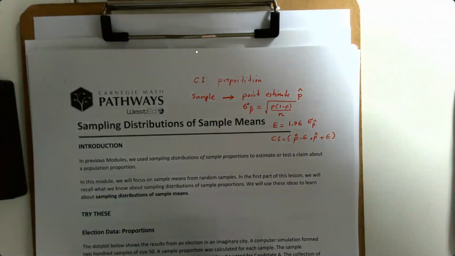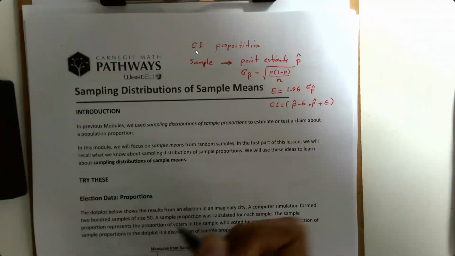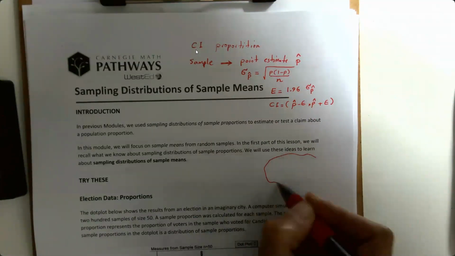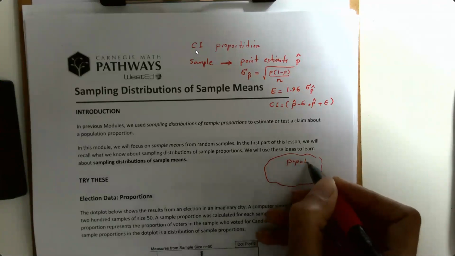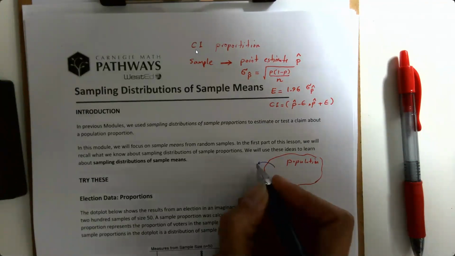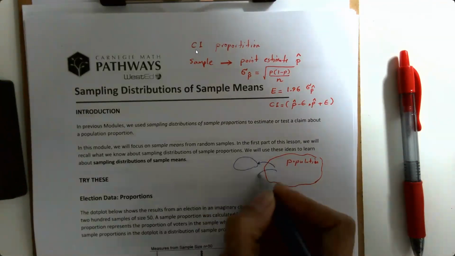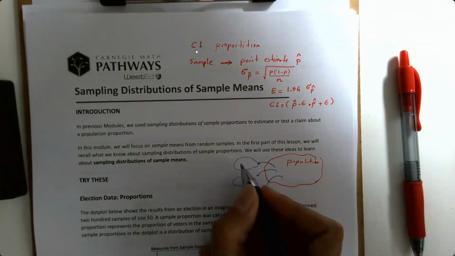So again, sometimes we have populations that are not normal. So what are we going to do? We're going to take multiple samples from that population: sample 1, sample 2, sample 3, and we find the means of these samples.